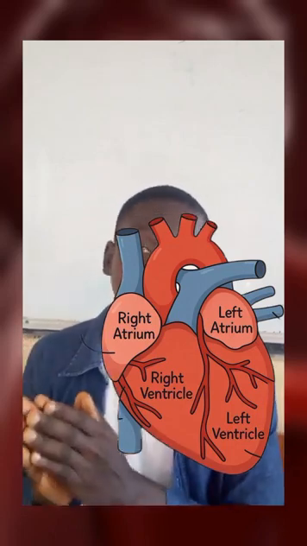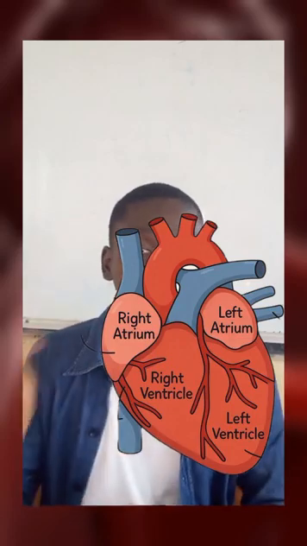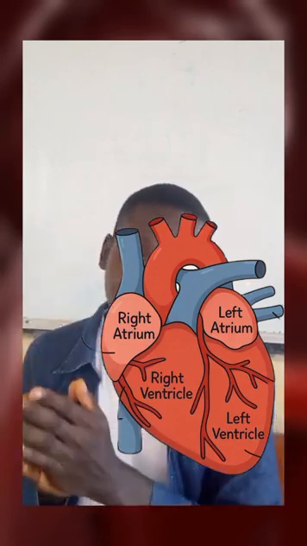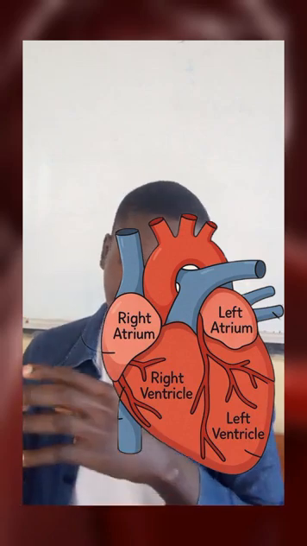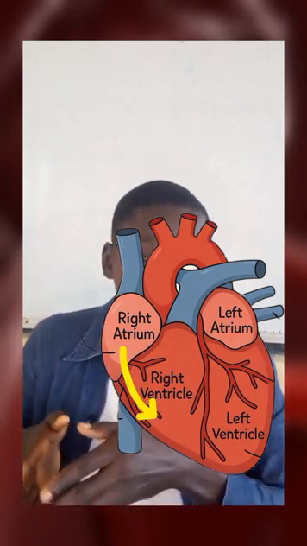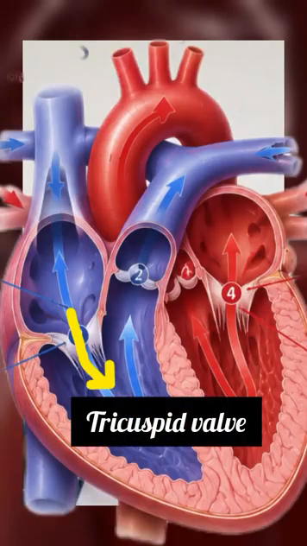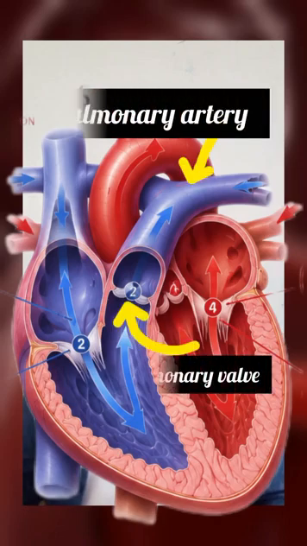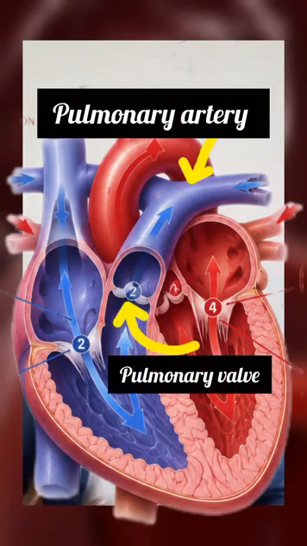It enters your right atrium. From your right atrium, it flows by contraction into your right ventricle through a door called the tricuspid valve. Then it's pumped from your right ventricle directly to your lungs.